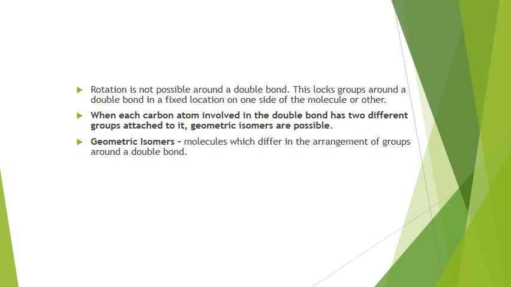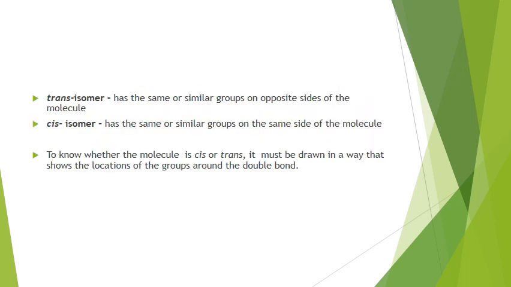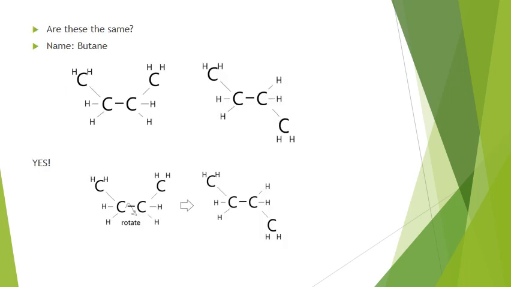That's what this is all about. We're going to have things called trans and cis isomers, across and same side. You've probably heard of cis and trans. This is where they originally came from, actually. Cis means same side. Trans means different side, and you'll see what that means right now.